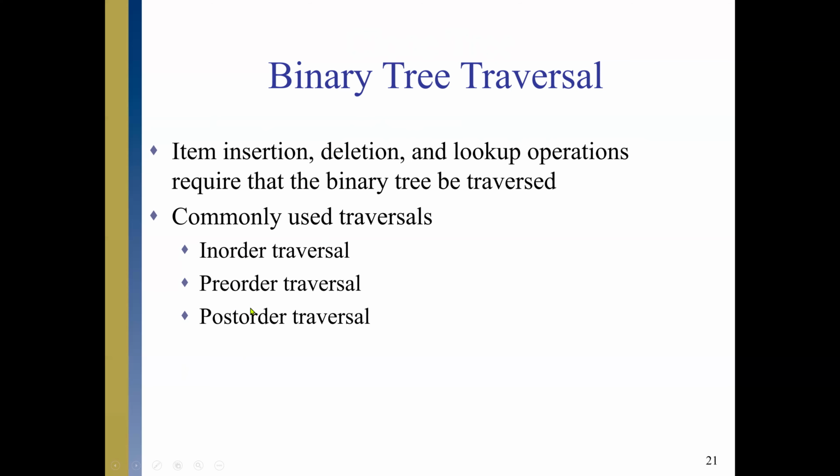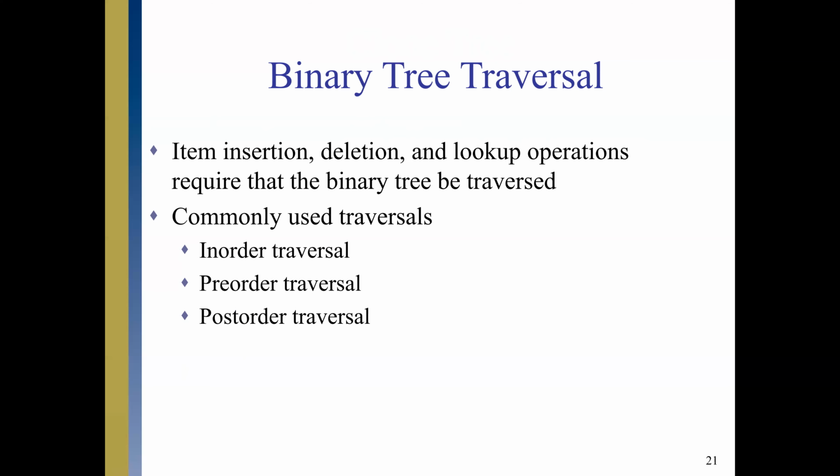Now, pre-order means I go through the root first, before the left subtree and the right subtree. Post-order means post, so I'll go through the root last: first the left subtree, then the right subtree, then the last will be the root.